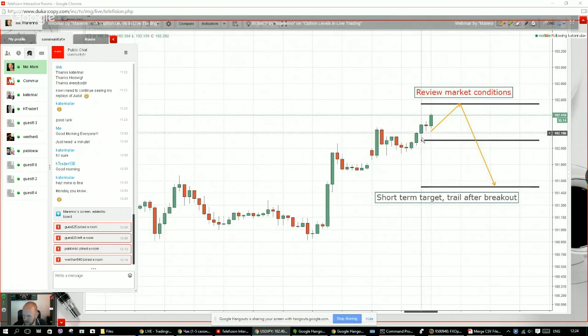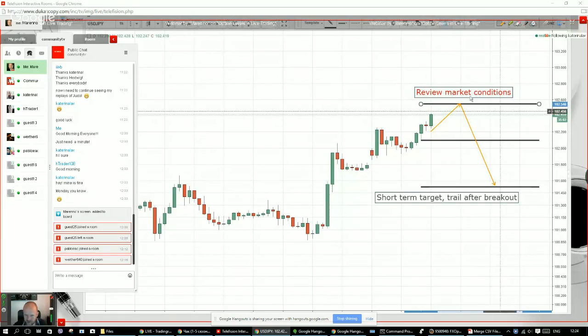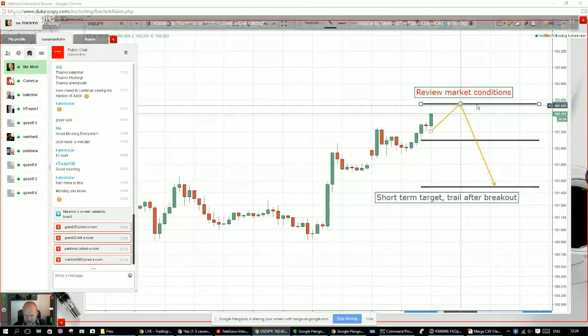So for now I'm looking for this level to be reached. It's quite clear it will be reached in a very near time. So 102.546, in case I see a reversal pattern around this area, then I will try to sell it. I guess it might happen during the US Open.